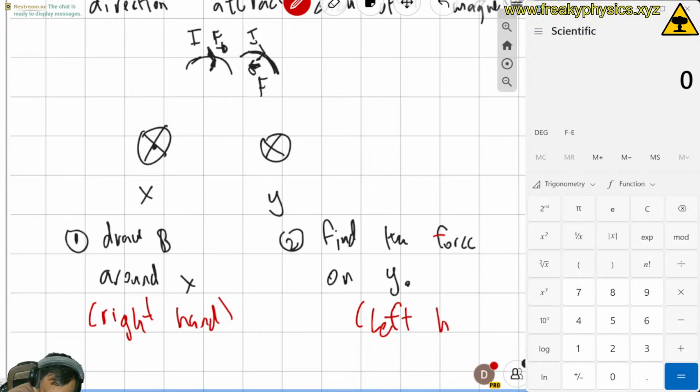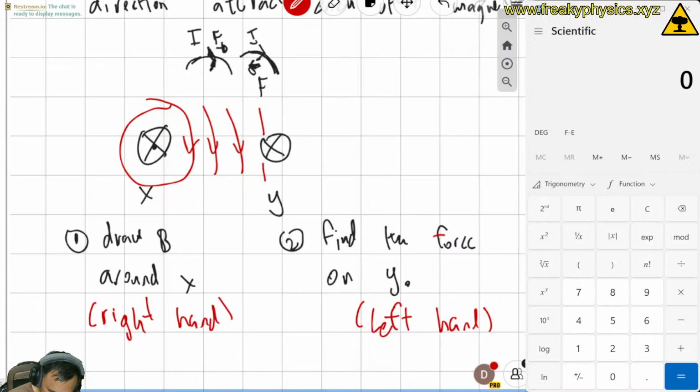So the magnetic field here is gonna go clockwise like that. But I'm not gonna draw the whole thing, I'm just gonna draw this part here. So the magnetic field due to X near Y is pointing downwards. Overall, it goes clockwise, but we're just looking near Y, and near Y, it's pointing downwards.